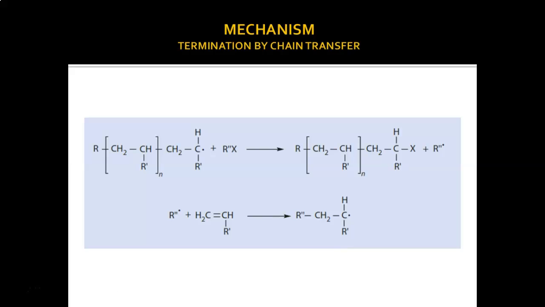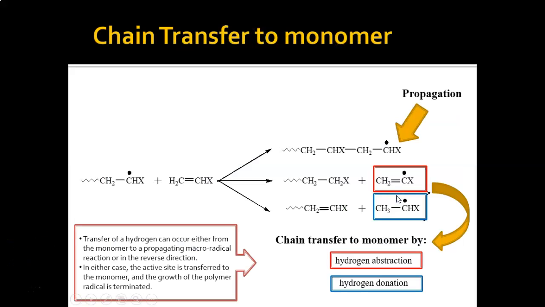This is another example of chain termination by chain transfer. Another one is chain transfer to monomer. Chain transfer to monomer is a transfer of hydrogen. The transfer of a hydrogen can occur either from the monomer to a propagating microradical or in the reverse direction.